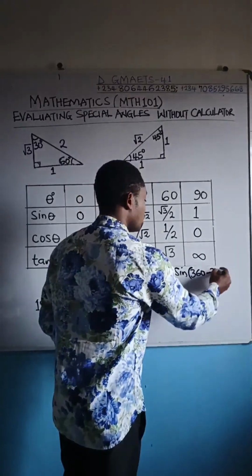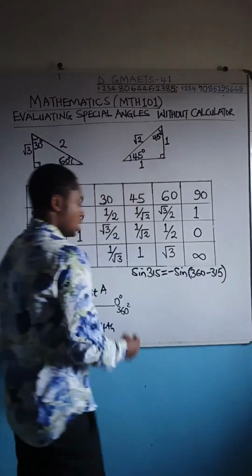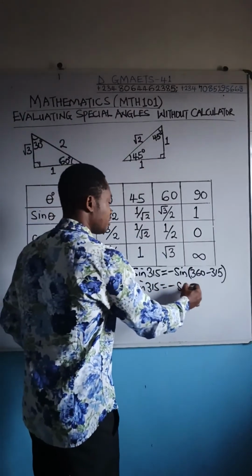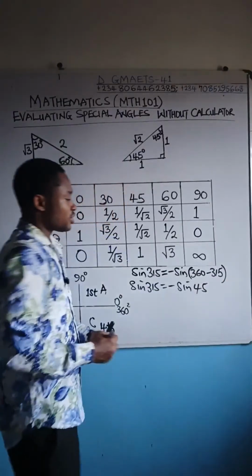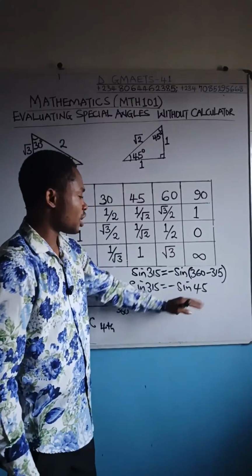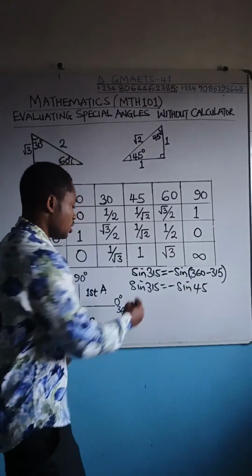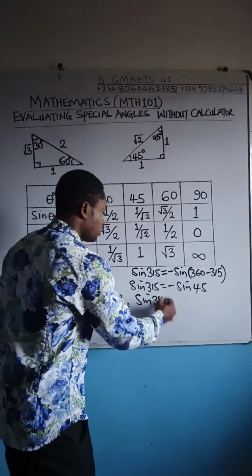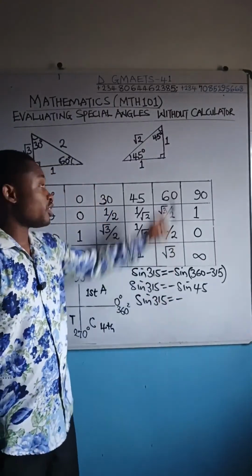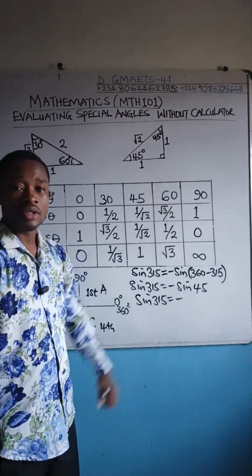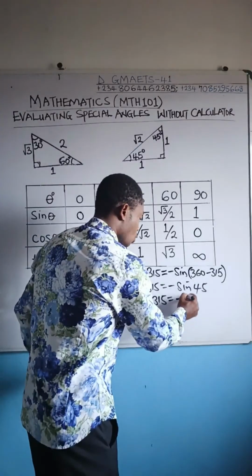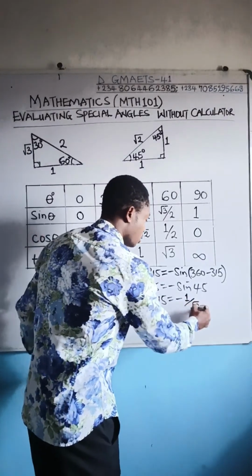You'll agree with me that sine 315 will now be negative sine 45, because 360 minus 315 gives us 45. So sine 315 will be equal to negative the value of sine 45. Sine 45, you use this right angle triangle. Sine 45 gives you 1 over root 2, so minus 1 divided by root 2.